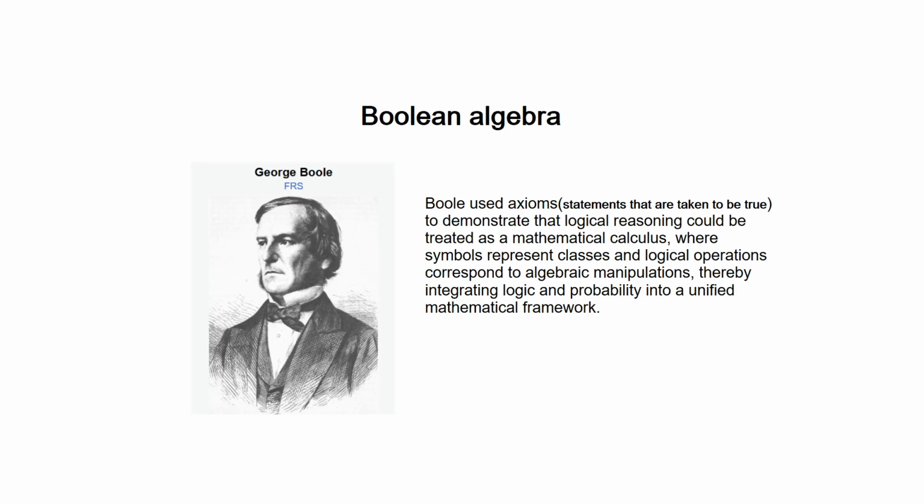Essentially, he took our thinking process, and he said that everything we do in our brain, or rather in our mind, can be represented in the form of mathematics and operated on.